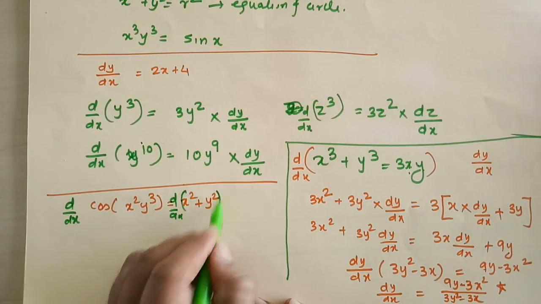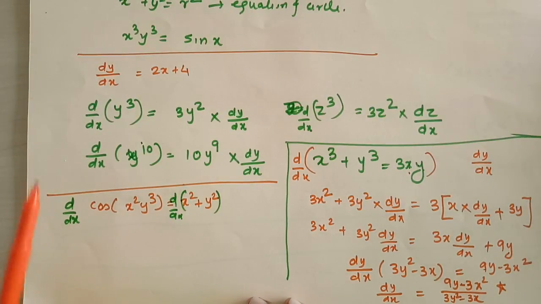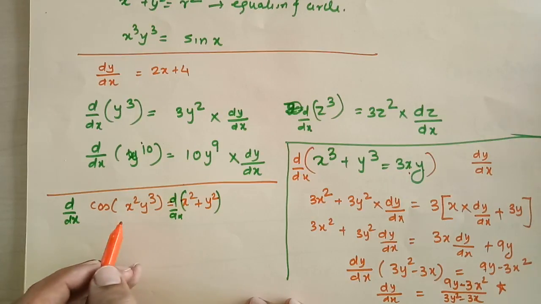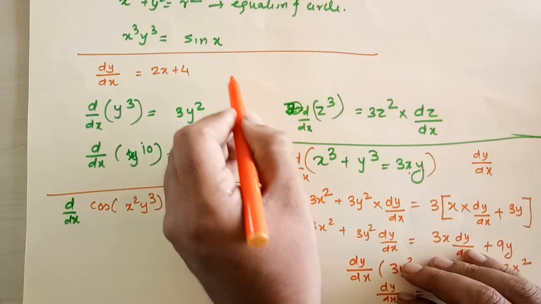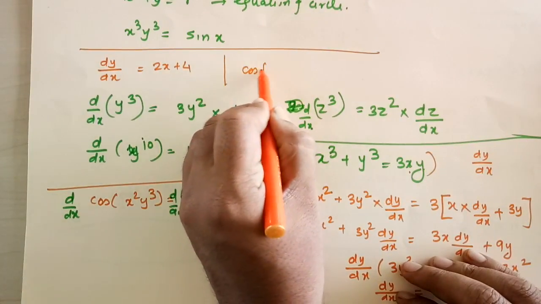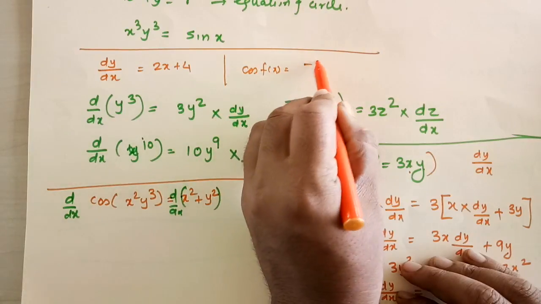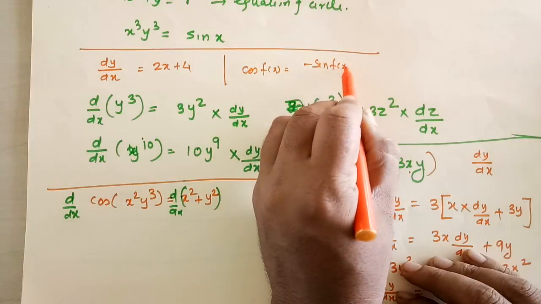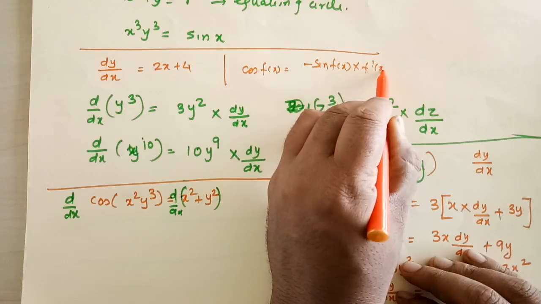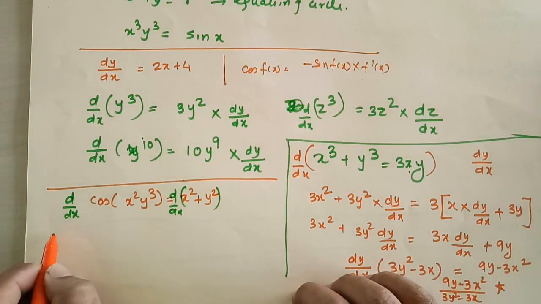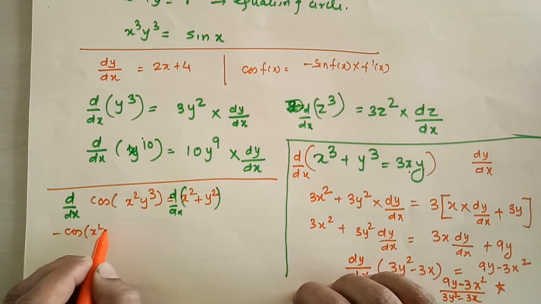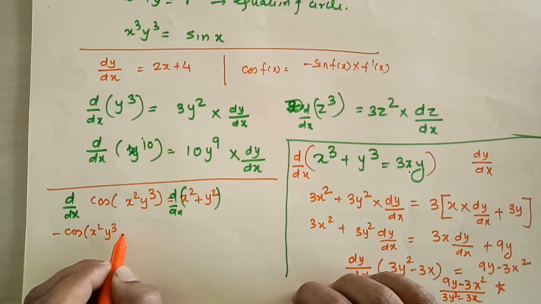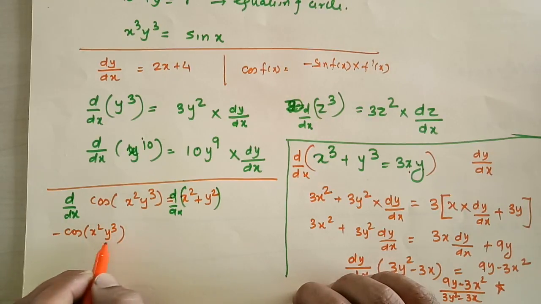So what you're going to get is the derivative of cos f(x). If you notice, the derivative of cos f(x) is going to be negative sine f(x) into f dash x. So it's going to be negative sine of x squared y cube into the derivative of x squared y cube, where you have to apply the product rule.